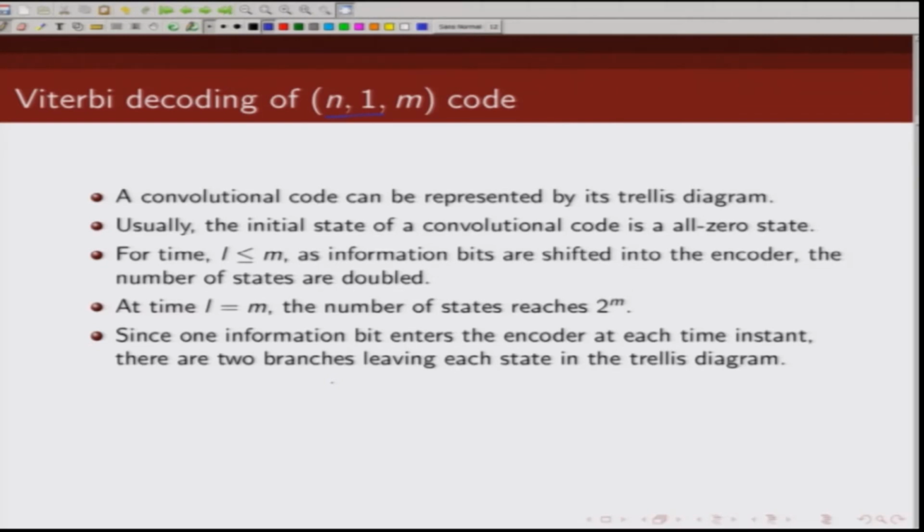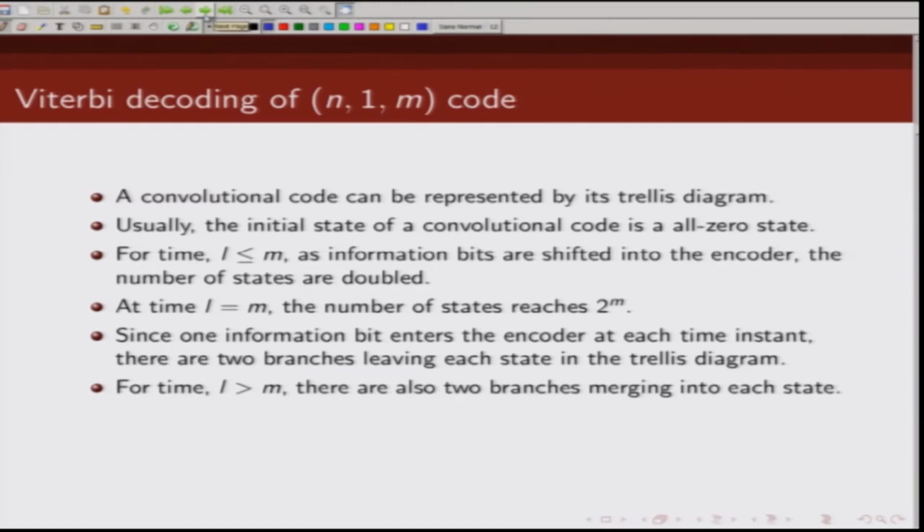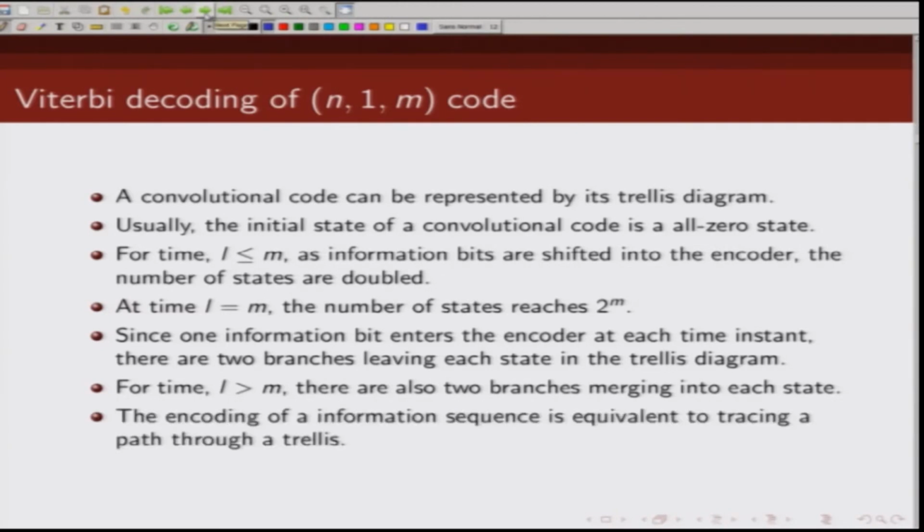So in our trellis diagram we will see that there are 2 branches leaving each state. Now, what happens when the time instance is more than the memory order? We will see that 2 branches are merging into each state, and encoding of an information sequence can be considered as tracing a path through this trellis. So, any path through this trellis is a valid code word.